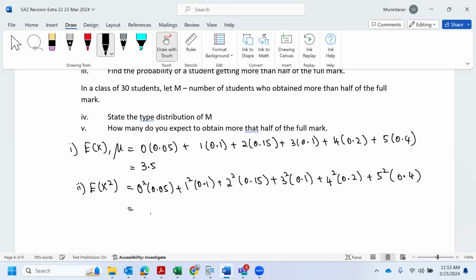If you do the addition, you would be getting 14.8.